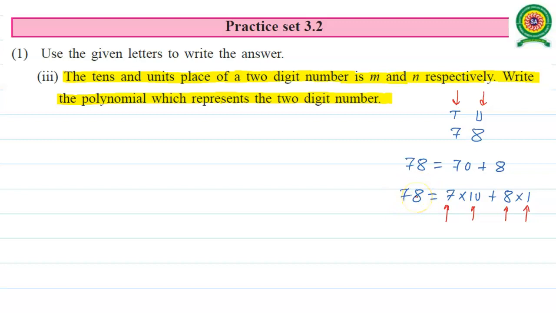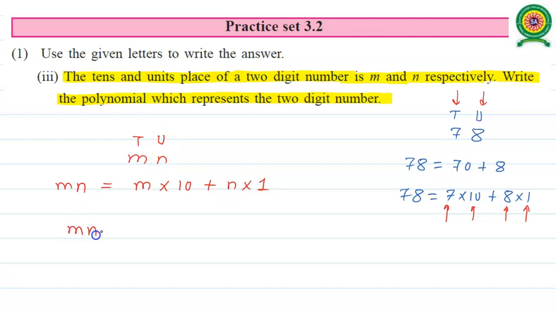Now what is given? A two-digit number whose tens place is m and unit place is n. So we can write mn like 78, m be the 7, n be the 8. We write mn with m at the tens place, so we multiply m by 10, plus n at the unit place, so we multiply n by 1.